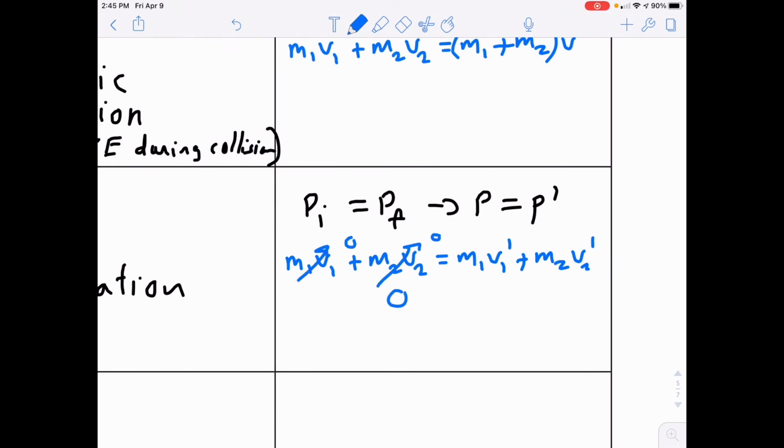So no momentum to start with equals momentum to end with. So how do you get two objects to add up to no momentum? Well, we simply move one of these to the other side, and you get equal and opposite final momenta.